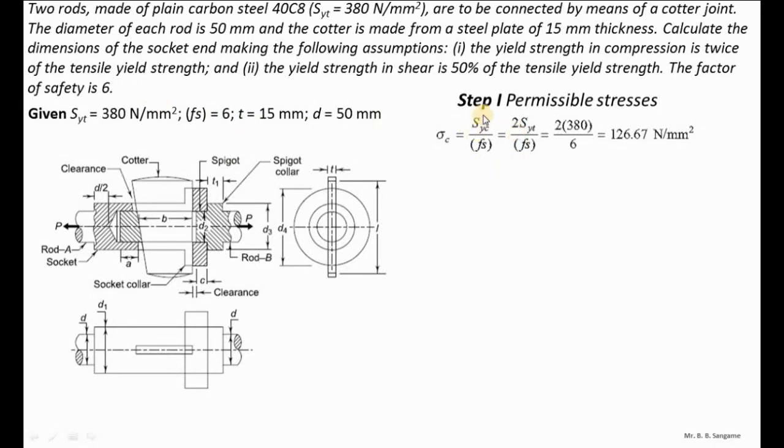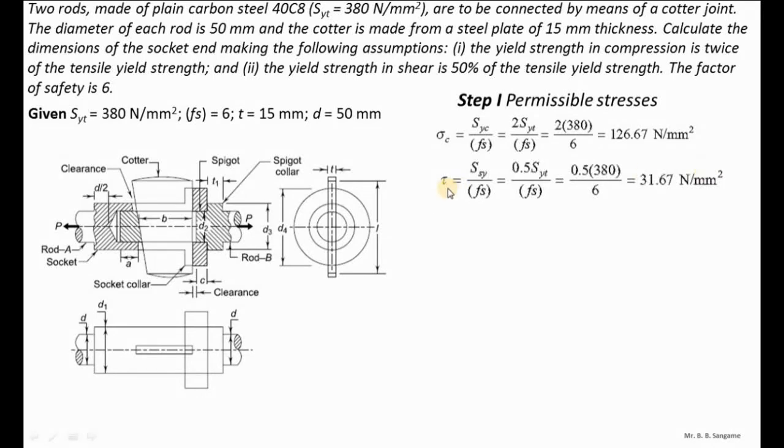Actually, the yield strength in compression is not given, but the condition is that it is twice the yield strength in tension. So SYC will be equal to 2 times SYT divided by the factor of safety. The value of SYT is 380. After simplification, I found that sigma c, the permissible stress in compression or crushing, is 126.67 Newton per mm square.